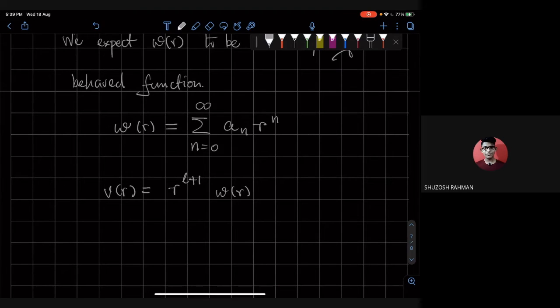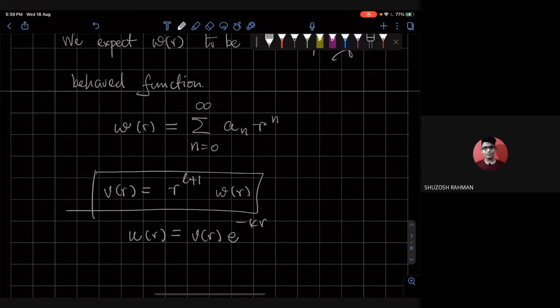In other words, if I were to say u of r is v of r times e to the power minus kr. Okay, so this is the definition. Or you could take this as the definition.